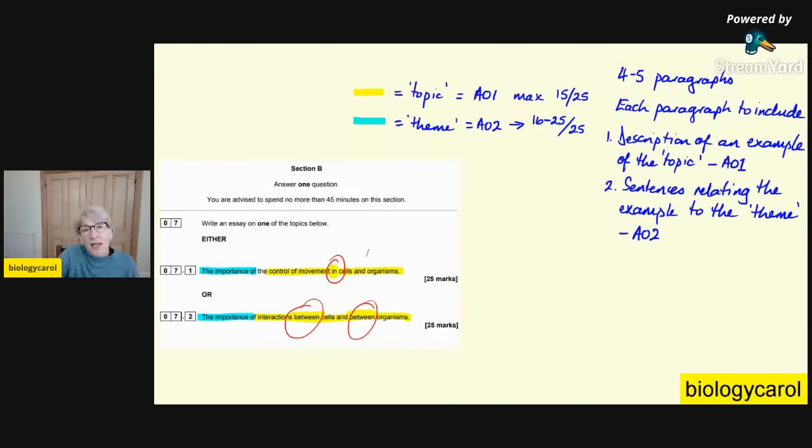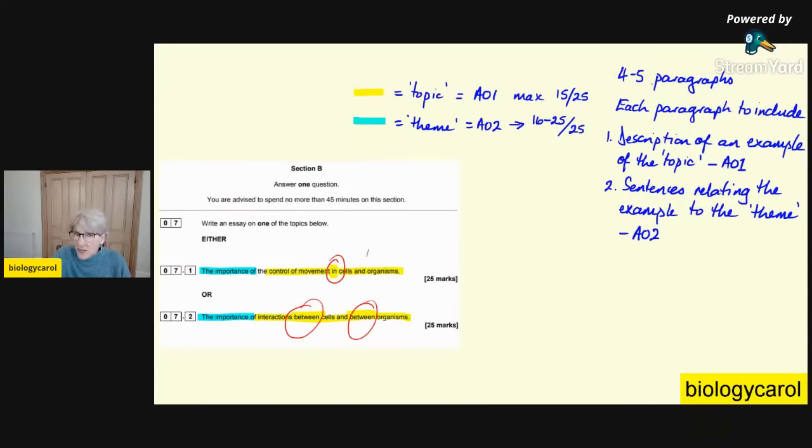To get the higher marks, 16 through to 25, you've got to nail writing about the importance of each of your examples. I say 4 or 5 paragraphs because examiners take the best 4. So if one of them ends up being a little bit dodgy, they'll take the best 4 to base your mark on.